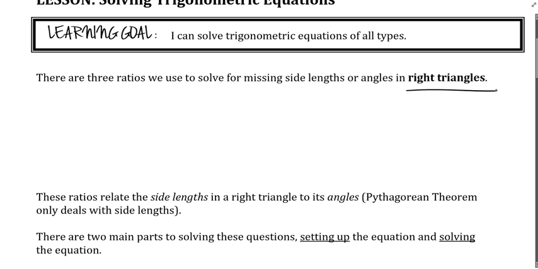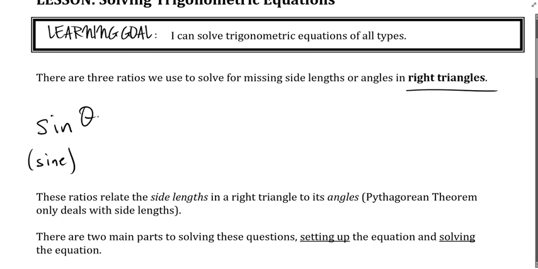So here's the three ratios. It goes like this. The first one is SIN, which is short for sine. You don't need to know how to spell that, but that's how we say it. Everybody wants to say sin, but we don't say that as a habit because it's actually sine of this weird symbol.